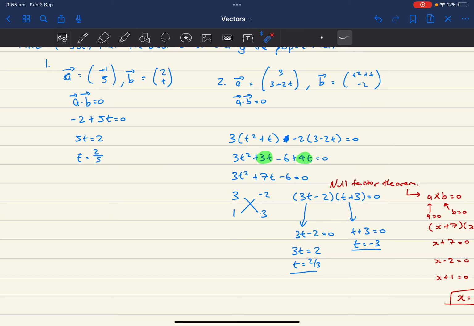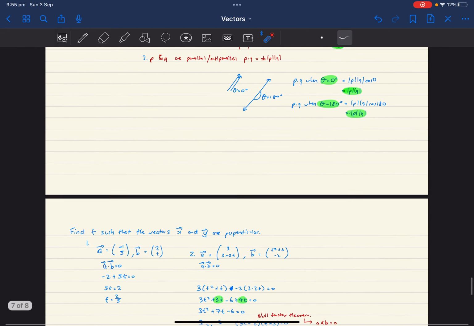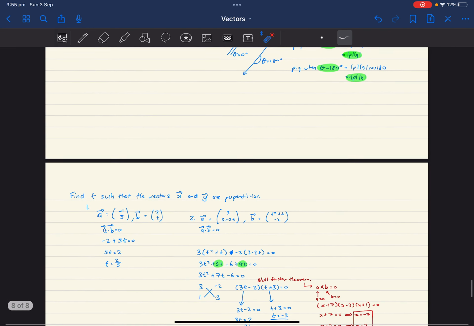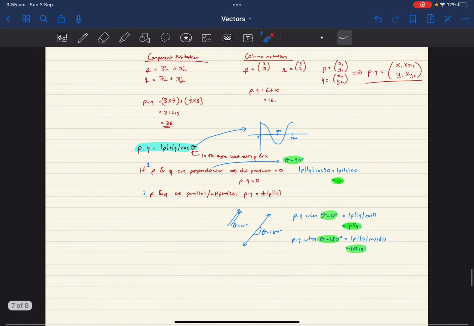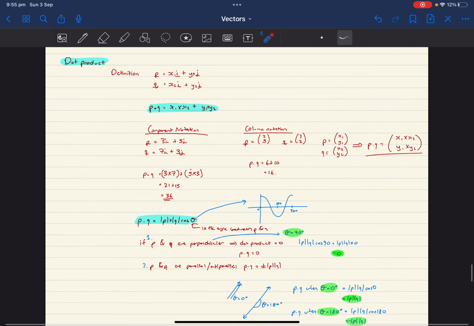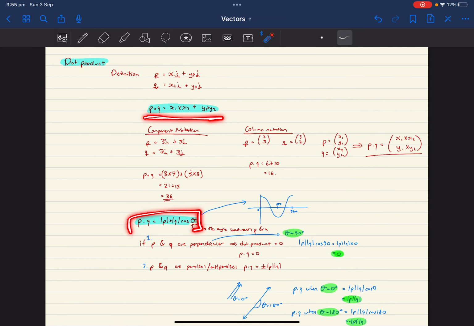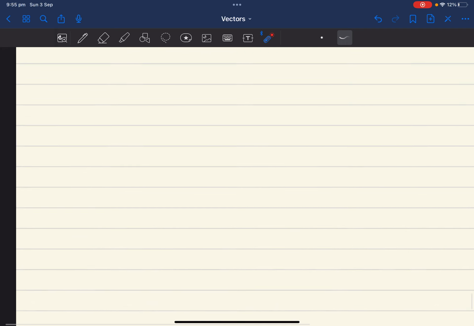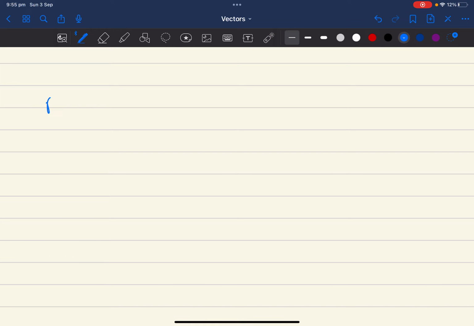Okay. So instead of using this kind of formula, we'll start using this formula a bit more, right? So let me just write it again. You have P dot Q equals length of P times the length of Q cos theta, right?